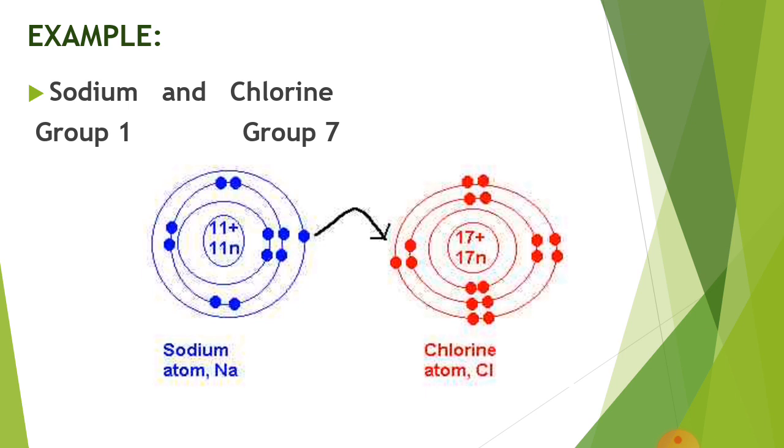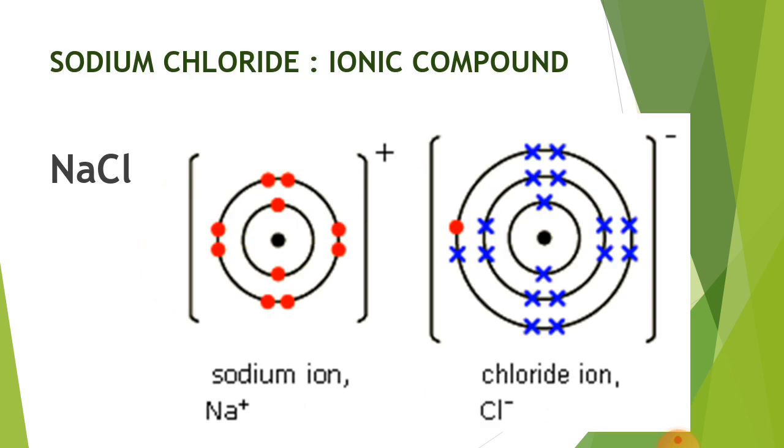And an ionic compound will be formed. Its name would be sodium chloride. Here you can see that sodium has a positive charge and the chloride ion has a negative charge. This is the ionic compound sodium chloride, NaCl. The common name is salt.